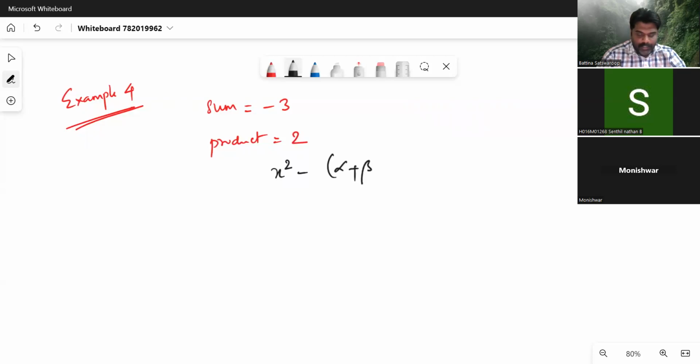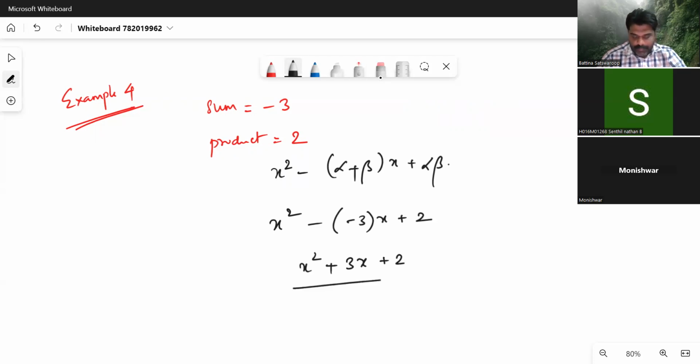You already know the general expression. X square minus of minus 3x plus 2. So this is x square plus 3x plus 2. Right? Yes, sir. That is your second chapter.